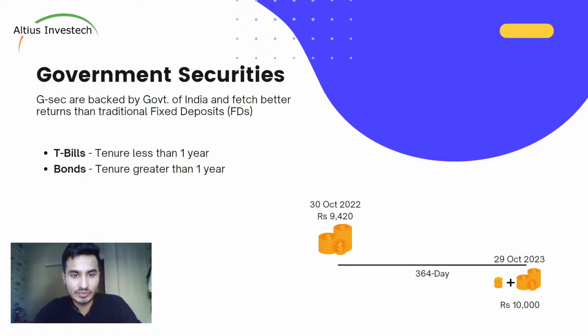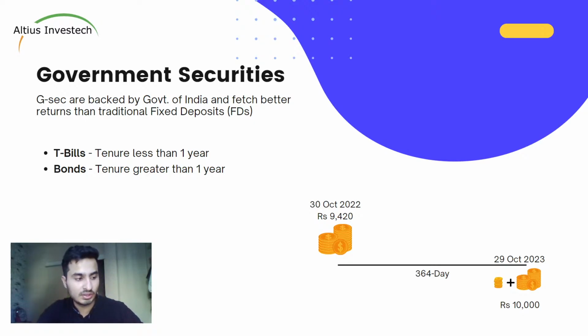They are of two types: the bonds that are issued for less than 1 year are called T-bills. These are short-term debt that the government issues. The second one is government bonds. These are the bonds that have a tenure greater than 1 year.